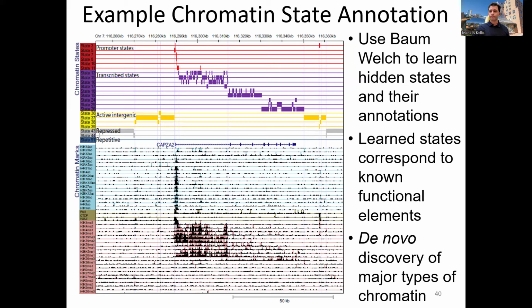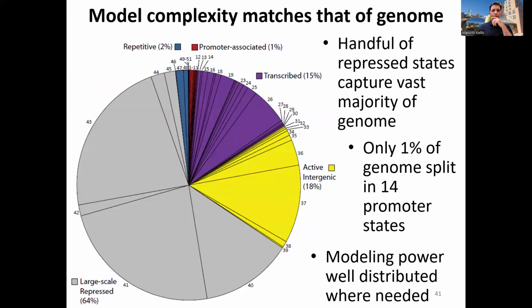Other questions? All right. So now here's what fraction of the genome was assigned to different states. You can see here that with 1, 2, 3 states, we basically have more than half the genome. I'm going to call this boring. More than half the genome is kind of boring when it comes to epigenomics, at least with these marks.